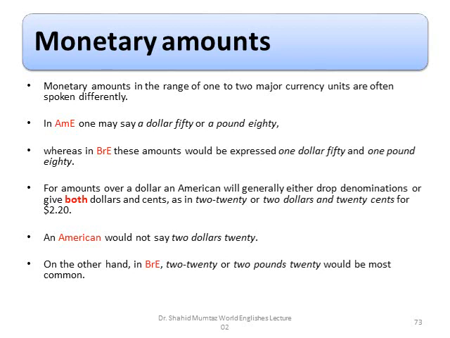An American would not say "two dollars twenty", so he will either drop both denominations or say both the denominations, dollars and cents. He will not pick one and drop the other, the American. On the other hand, in British English, "two pounds twenty" or "two twenty" would be most common. But it's different in the UK.